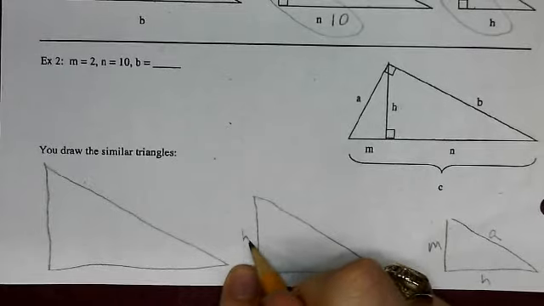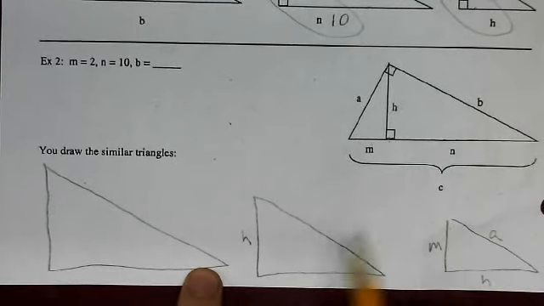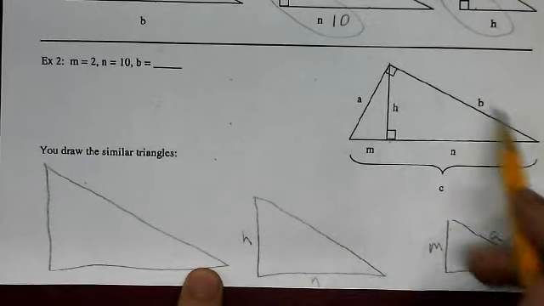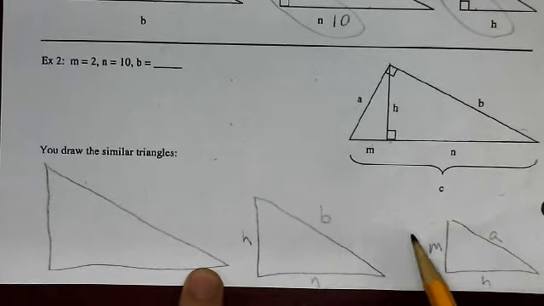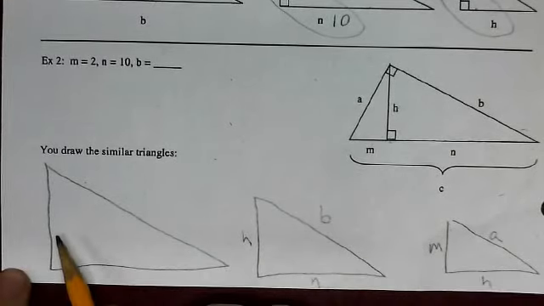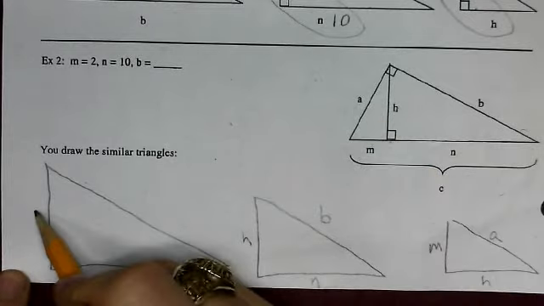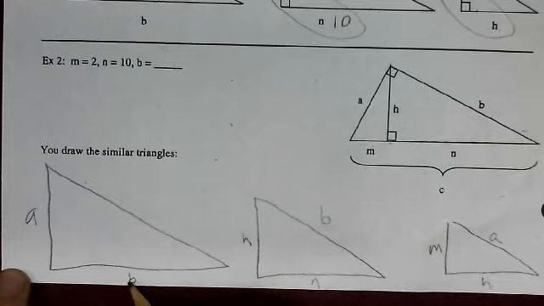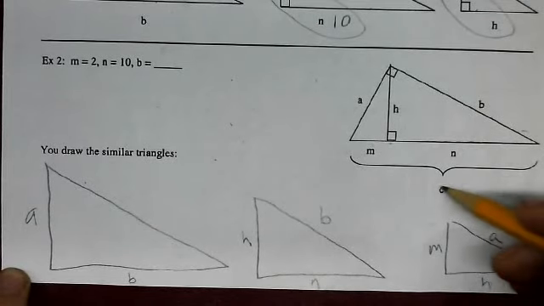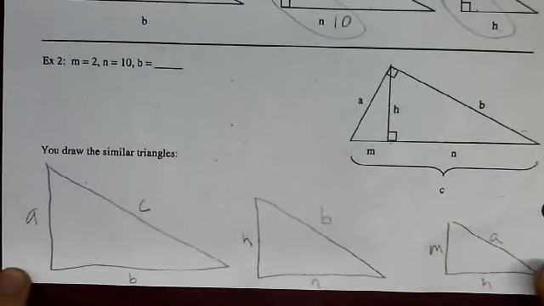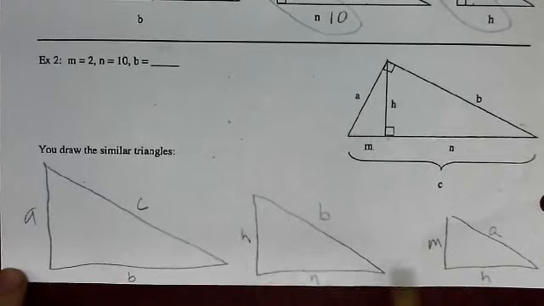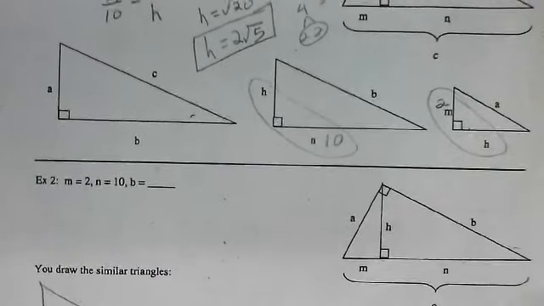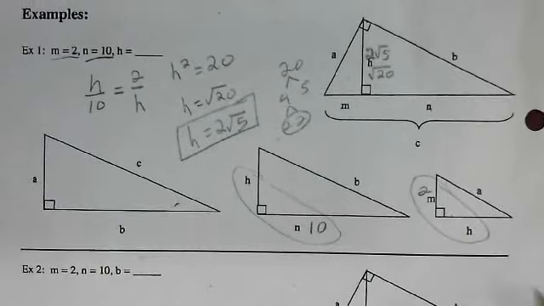My small leg is H. My long leg is N. My hypotenuse would be B. And for the big original triangle, my small leg was A. My long leg was B. And my hypotenuse would be C. And if you'll notice that these three triangles actually match the three triangles that were above, because the two triangles we were given were labeled the same.